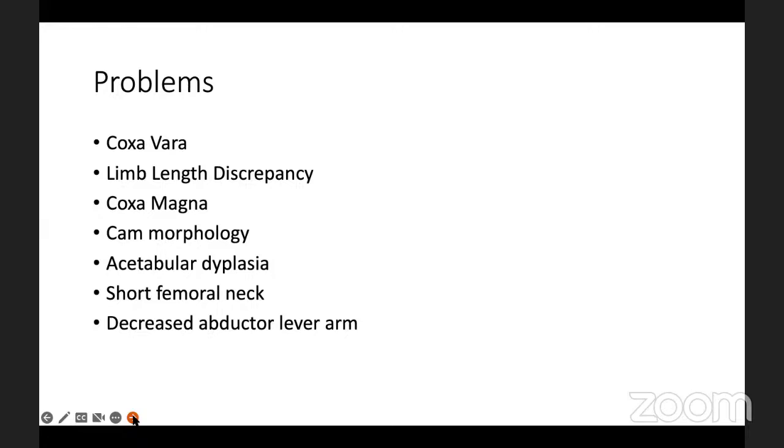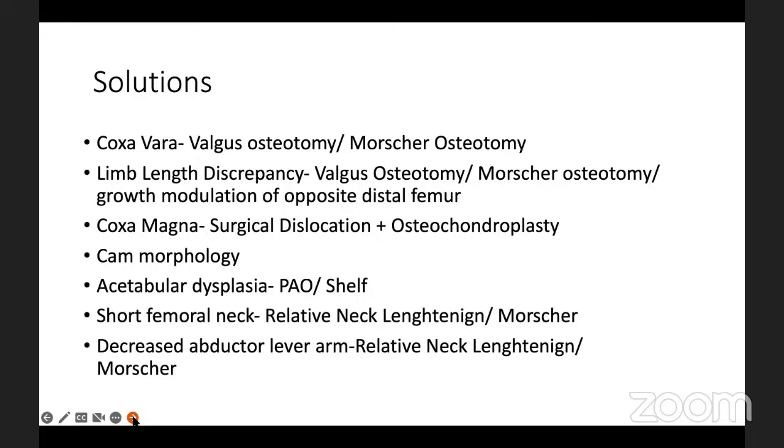There's coxa magna. Also, there's the cam type of morphology of the femoral head. There is acetabular dysplasia, a shallow acetabulum. There's a short femoral neck, and because of the decreased articulotrochanteric distance, there's also a decreased abductor lever arm, which is an inefficient abductor lever arm.